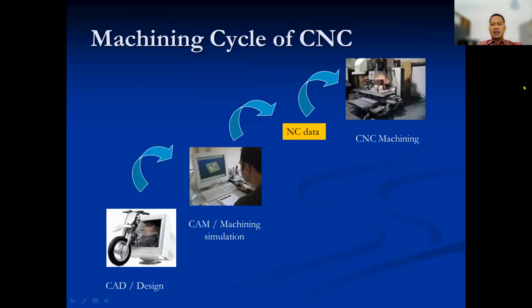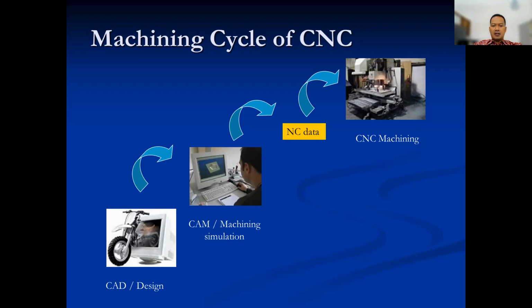We know the machining cycle of CNC starts from computer-aided design, where we prepare the design of the product in 2D or 3D. For lathe machining or for turning, you can prepare the design in two-dimensional or 2D, but for milling, for example surface milling or 3D milling, the design should be prepared in 3D.